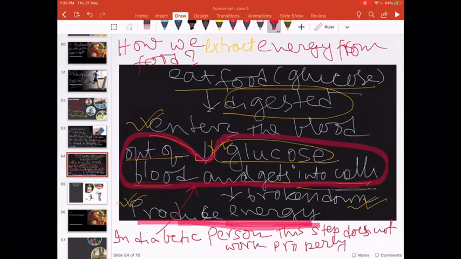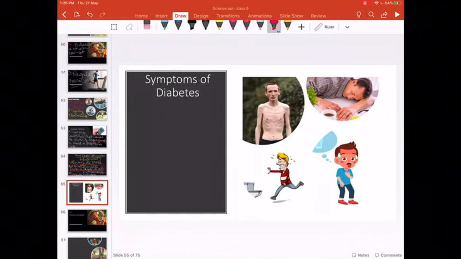On top of that, a certain amount of glucose which is staying back in the blood of the person is also harmful. That is increasing the glucose level or sugar level in the blood of the diabetic person. Understood? If you have any doubt, you can personally call me and I will clear it.